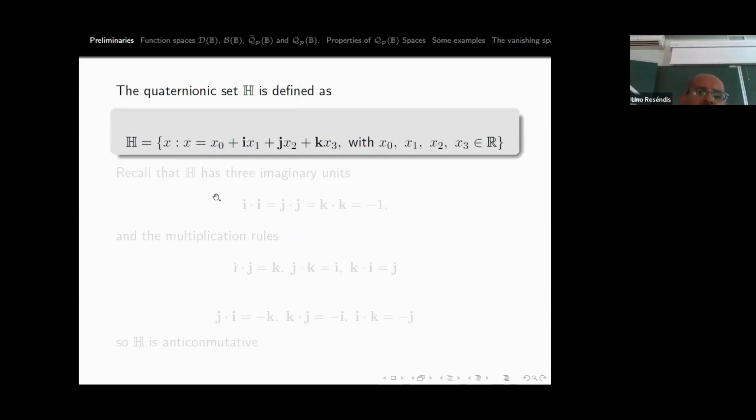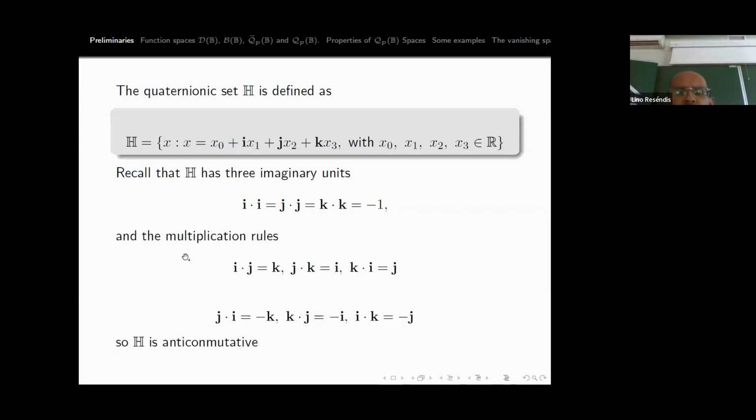In that sense, in the quaternionic set we have three imaginary units: e, iota, and k. The product of them is equal to -1. We have the following multiplication rules: e times iota is equal to k, iota times k equals e, and k times e equals iota. This is an anti-commutative structure.